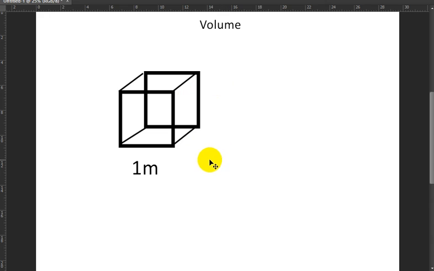Oh, wait. Now you can see that I actually didn't make it quite right. So here, this line should have gone here. And this line needed to come all the way across.